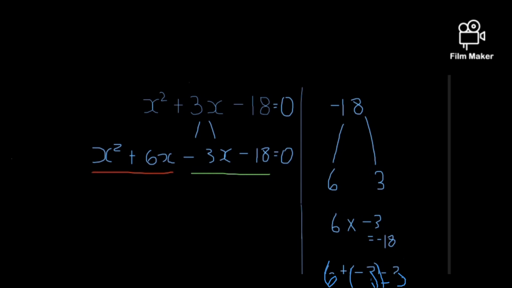So x squared plus 6x, if we factor out the x, we'll have x plus 6 left inside the bracket.